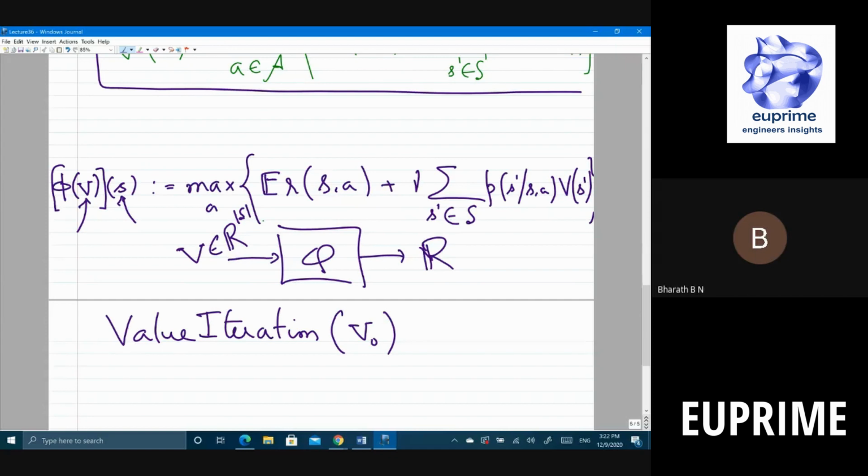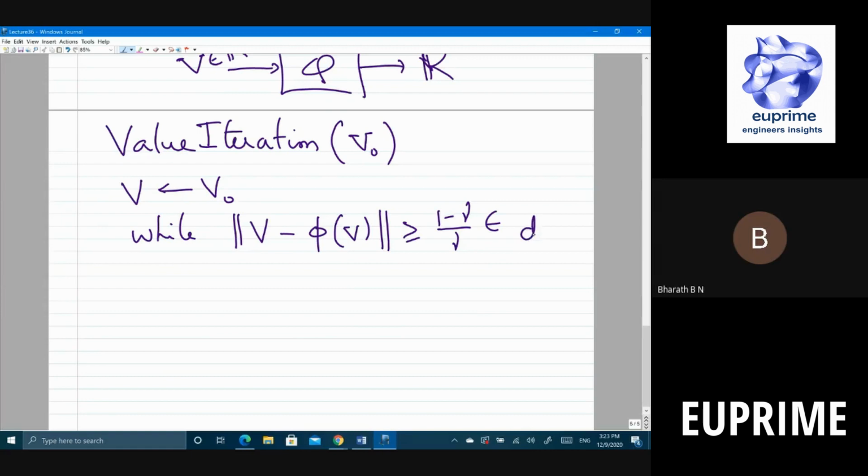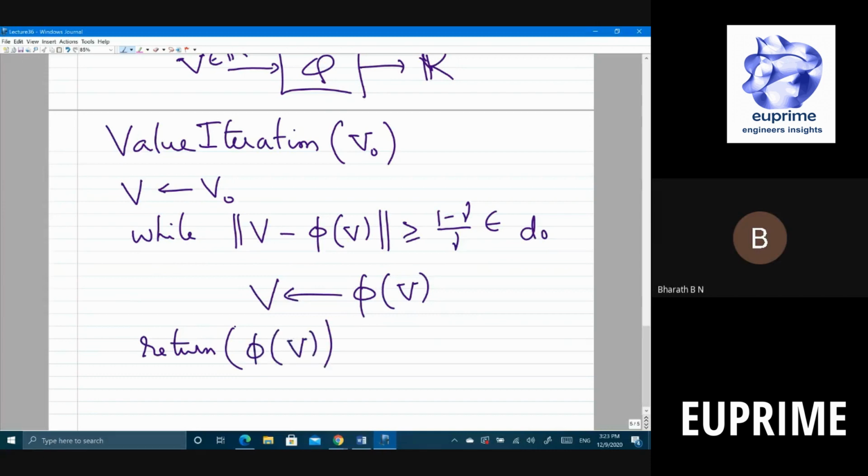I'll pick some initial vector in R power of dimension mod S, feed that as V0, and iterate. I take V0 and substitute it to V. Then, while the norm of V minus phi of V, I'll talk about the norm a little later, is greater than or equal to some threshold, so don't worry about the threshold now, I'll update V as phi of V. Then return phi of V.